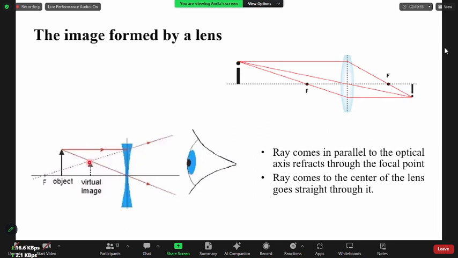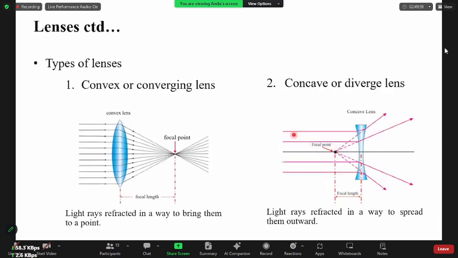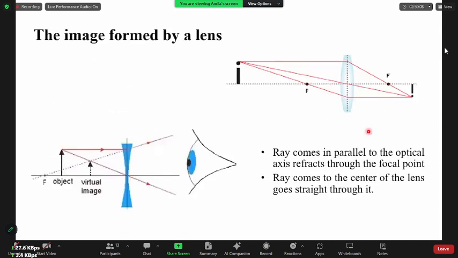And what about this one? You can see when the light is incident on a concave lens, it spreads out. But again, you can use these two specific rays. The ray that comes parallel to the optical axis, that means this one, should go through the focal point.